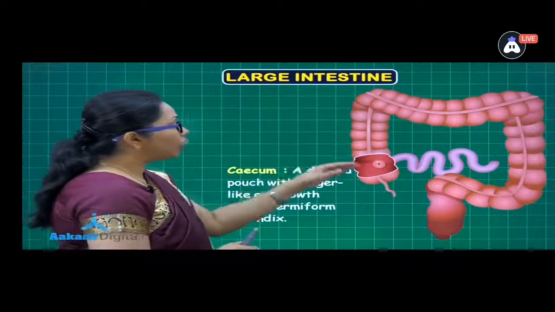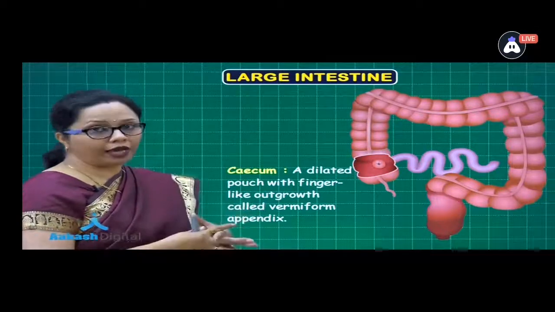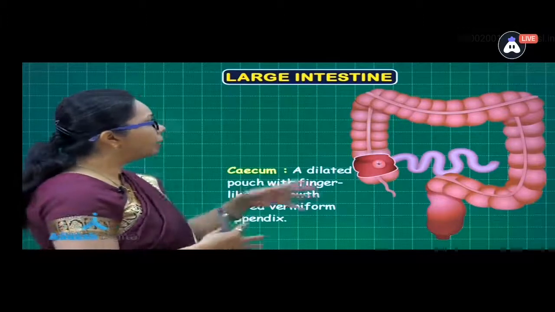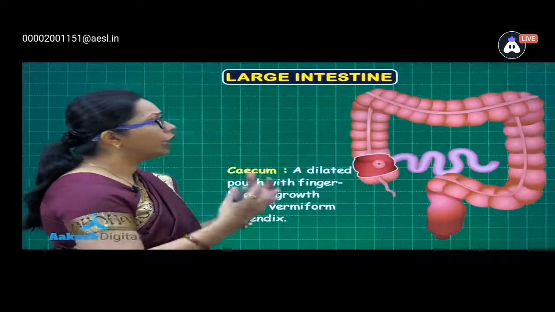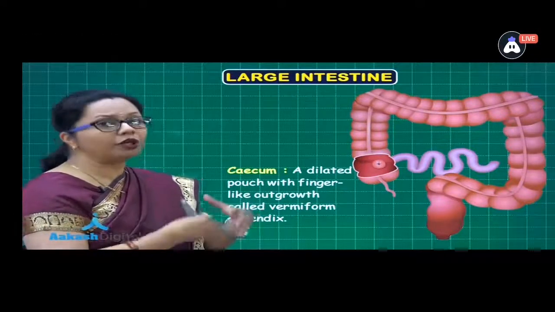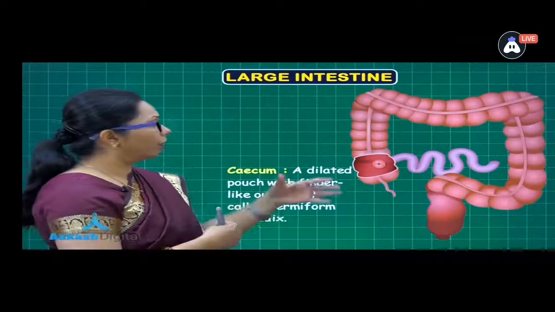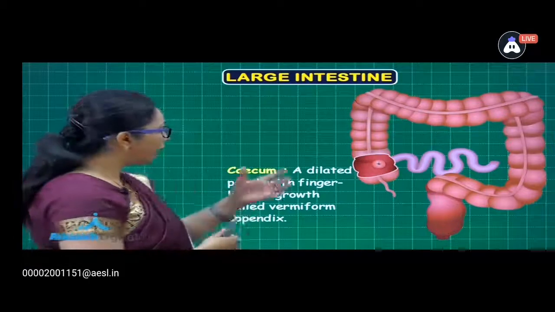Now this cecum also harbors a number of symbiotic microorganisms, especially bacteria. A number of bacteria remain there, and there are certain foods which we have not been able to digest. For us they are indigestible, but for bacteria they would be raw material. So bacteria would be fermenting them.